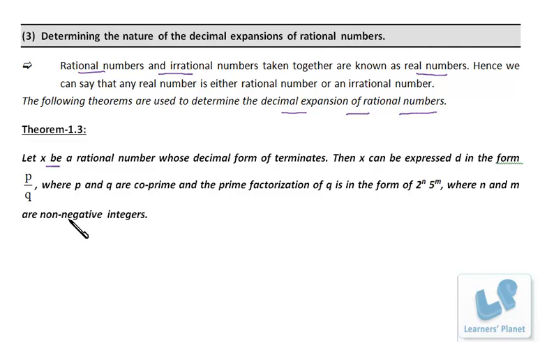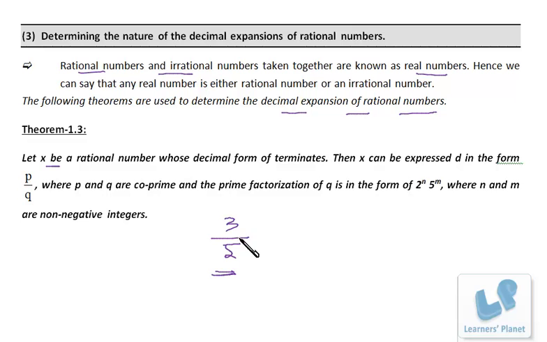So a fraction will be terminating only when its denominator has only 2 and 5 as factors. Just by looking at the number, we can say whether it will be a terminating decimal number or not. Suppose this is 3 by 5. In the denominator we have 5, so this is a terminating decimal number.